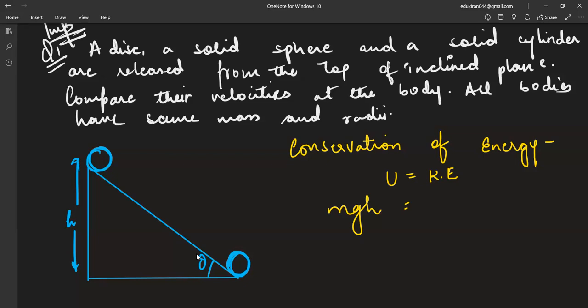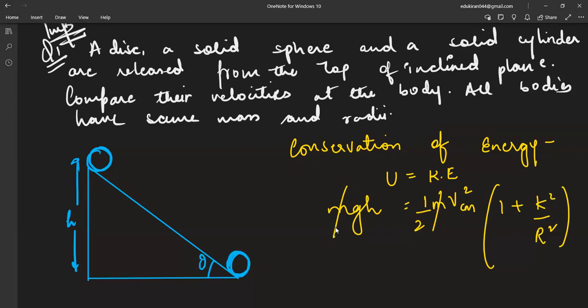So you will assume by yourself that pure rolling is given because no details are mentioned. If there is anything specific, that will be mentioned, but most of the questions are based on pure rolling. So 1 plus k square by r square is valid. Mass will be cancelled as we had no clue of the mass also.